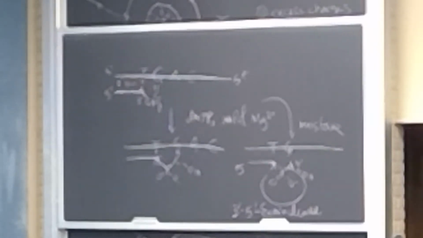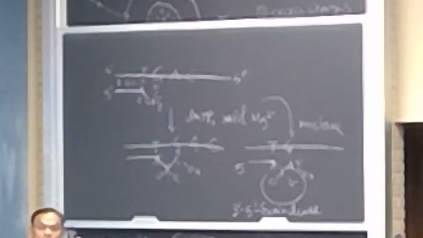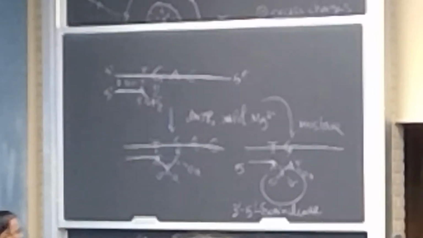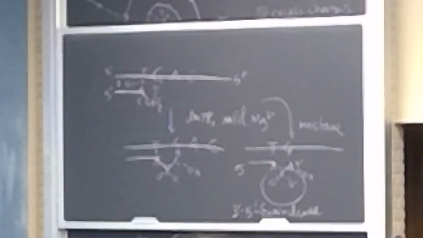So if you see the DNA polymerase crystal structure, it has thumb, palm, and finger regions, and within the same polymerase, there is an active site which incorporates nucleotides, and there is an active site which is responsible for exonuclease activity. So it switches. So this is in the polymerase mode.